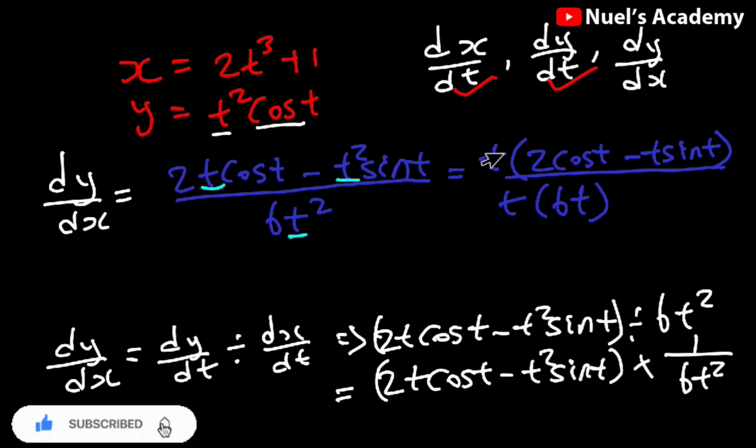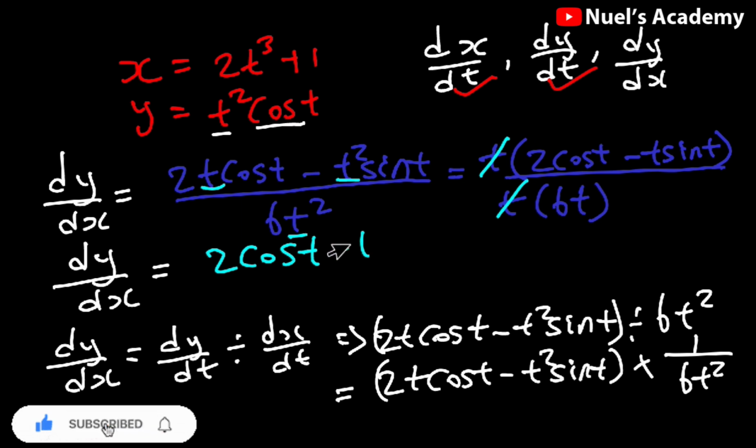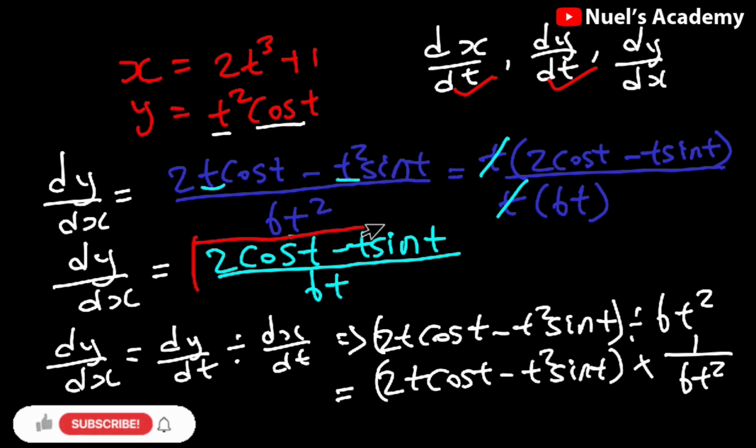Alright, so this and this will cancel. Then we have that dy/dx is equals to 2 cosine t minus t sine t divided by 6t. And so this is the answer to this question.